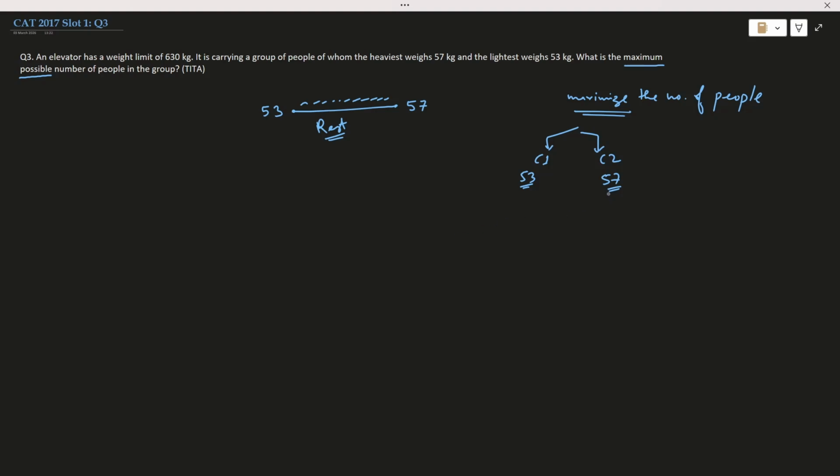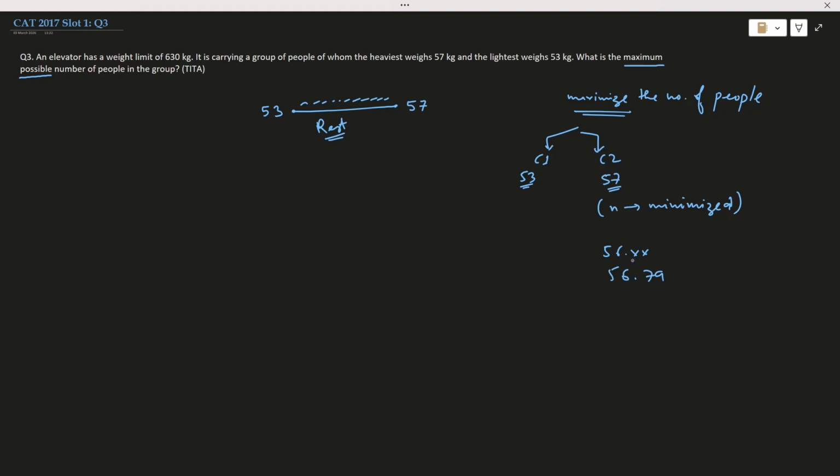If they are nearer to 57, then the number of people will get minimized. Why, guys? Think why? Because if I say they are, suppose, 56.79, something like that, in that case I will have to distribute the remaining weight to fewer people.